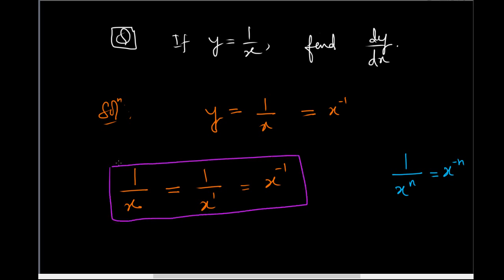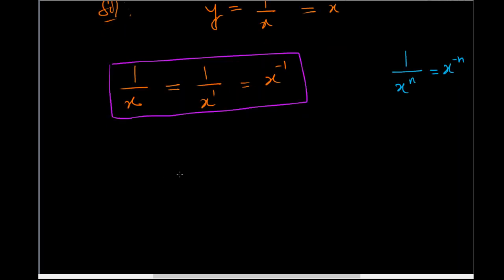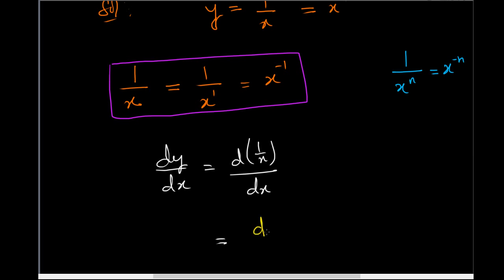Now we can go into the derivative part. The derivative of y with respect to x equals the derivative of 1 over x with respect to x, because y equals 1 over x. Now we can replace 1 over x by x to the -1, so we are differentiating x to the -1.